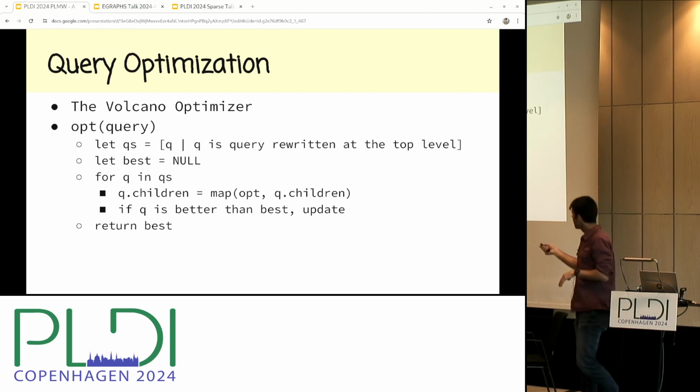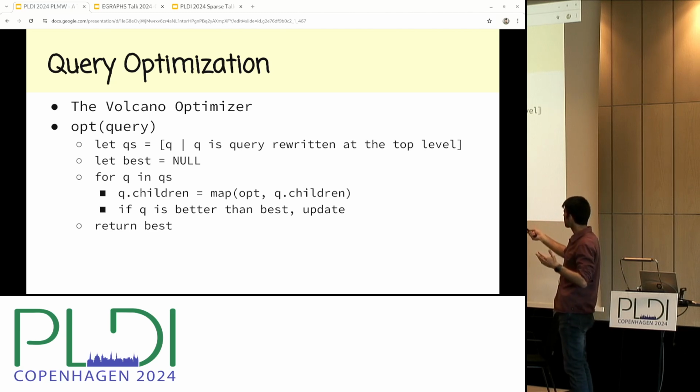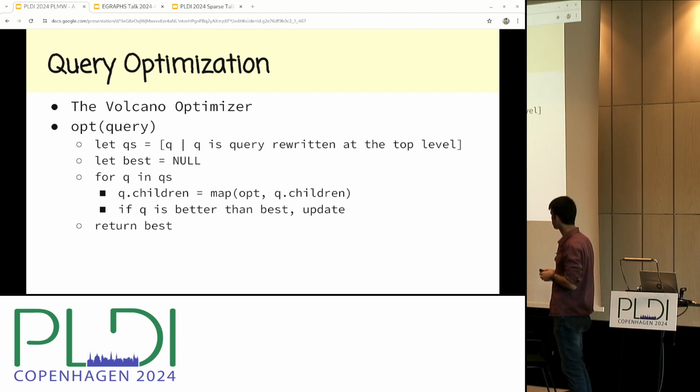So, if we changed from the language of relational algebra to arithmetic or something, then maybe the input program is, I don't know, A plus B, and one of our rewrites says that you could also rewrite that as B plus A, right? Or maybe reassociate those additions or something like that. Okay? So now we have all of the queries that have been rewritten at the top level.